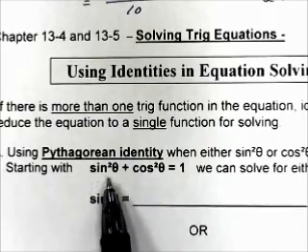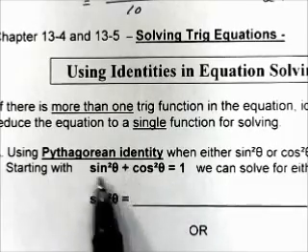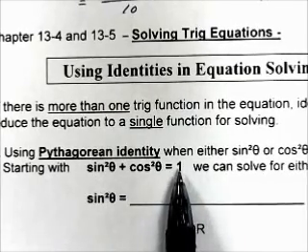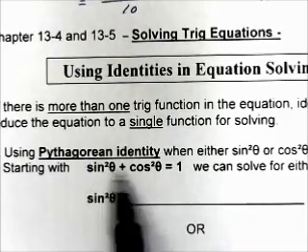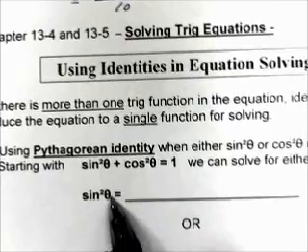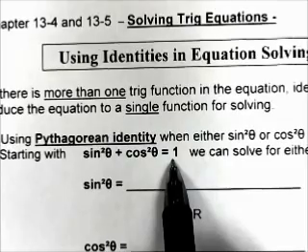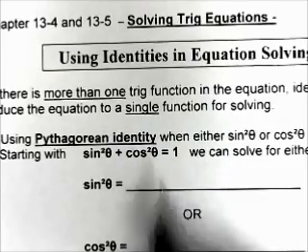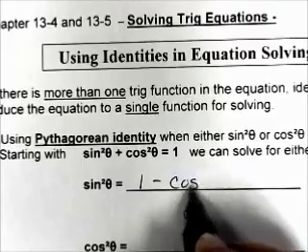So starting with sine squared theta plus cosine squared theta equals 1. This is a Pythagorean identity back from chapter 9, I believe, that you have to memorize, right? If we want to get sine squared theta by itself, we would simply subtract cosine squared theta from both sides, and then we would have sine squared theta equals 1 minus cosine squared theta.